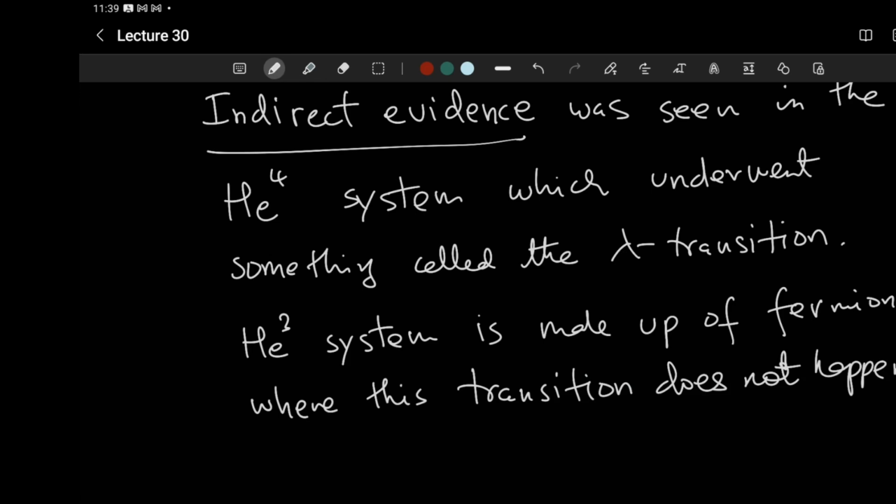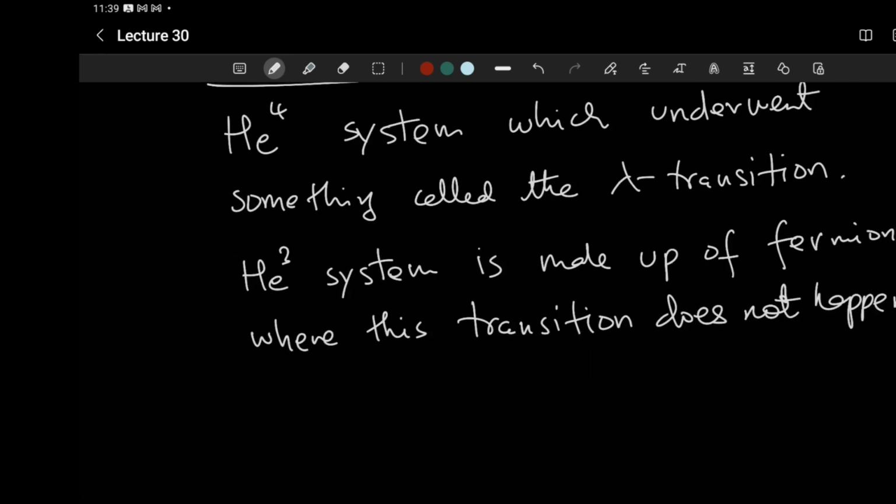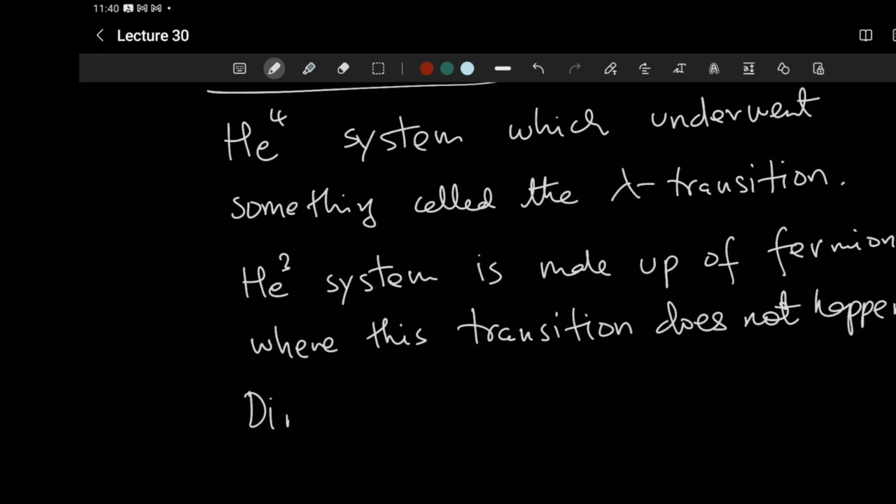Okay, so the interpretation was that the lambda transition is Bose-Einstein condensation. It turns out that there were certain properties of it which are in agreement with it, but not everything. There are more details in the story. Okay, but this was indirect evidence, and direct evidence was required. So direct evidence came much later, right?